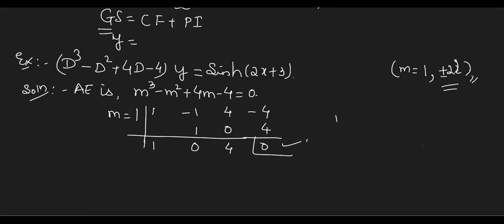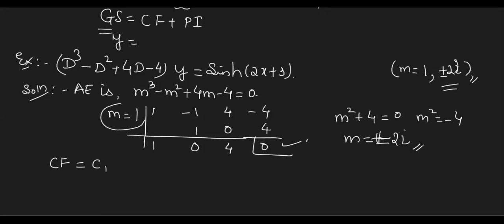So what is the equation? M square plus 4 is 0, no? So M square is equal to minus 4. Under the root, minus 4 means plus or minus 2i. Am I right? Tell me now, CF. Don't delay.